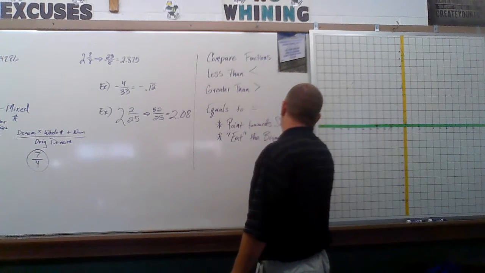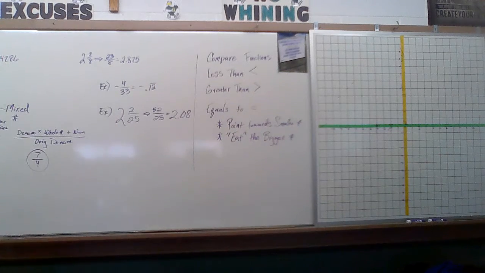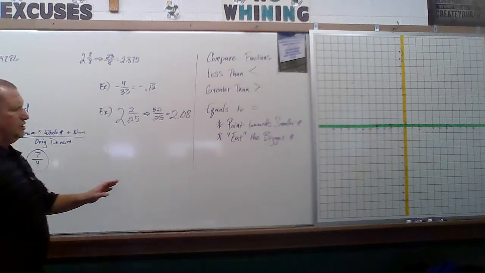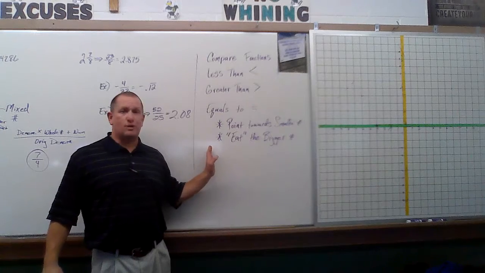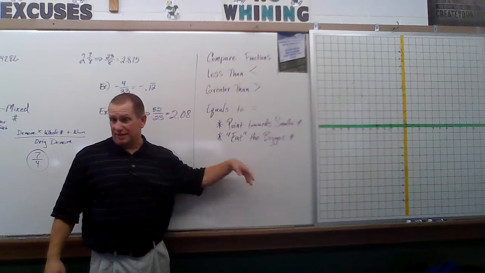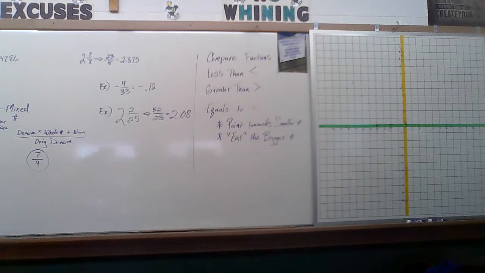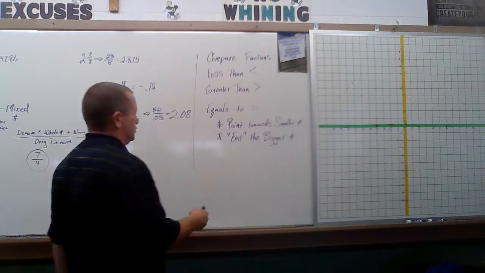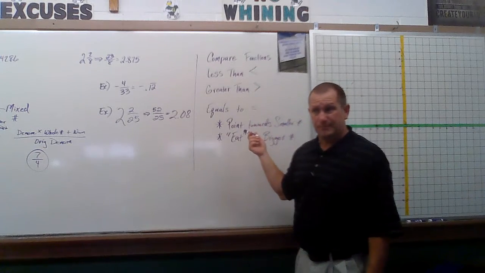But what I'm getting at is, you have to be careful how you read these and in what direction you're going to read them. So, some of you might always write it as left to right, like you would normally write things, and read it left to right like you would normally read things. Some of you might just look at the symbol and try to figure out if it's less than or greater than.